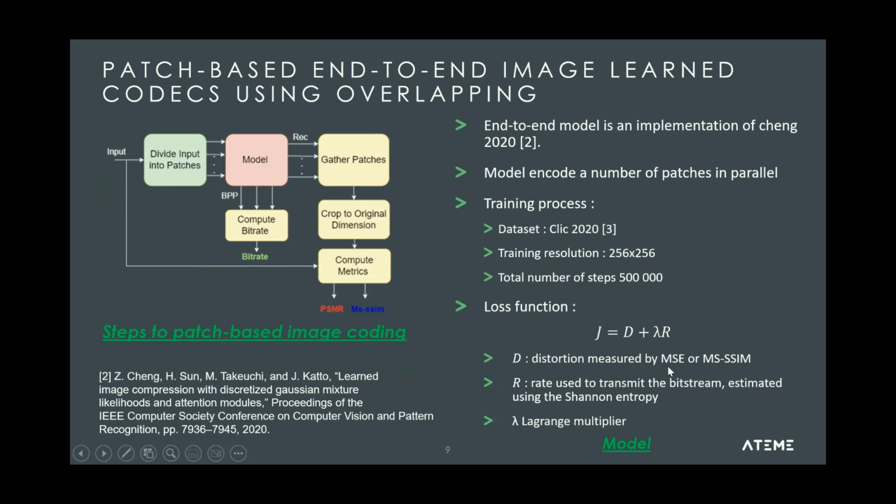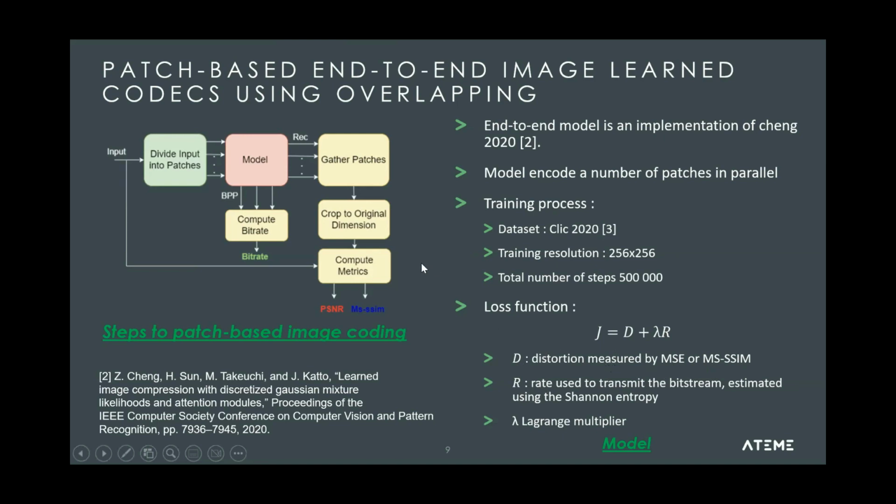It is measured either by MSE or SSIM. R is the rate used to transmit the stream, and it is estimated by the Shannon entropy, and lambda is called the Lagrange multiplier. It is a weight between the two.